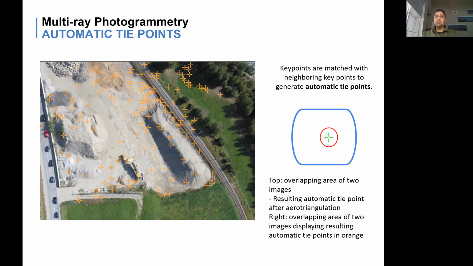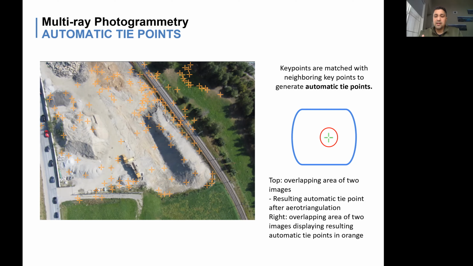So we would be finding, like we just saw, key point one in image A, and key point one in image B. We match them together and end up with one singular point. That point is called the tie point, specifically the automatic tie point, because it is generated automatically through all of this matching of key points.